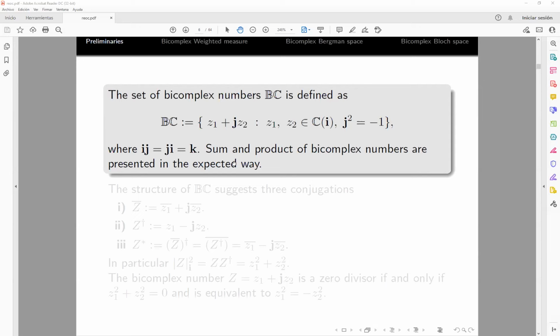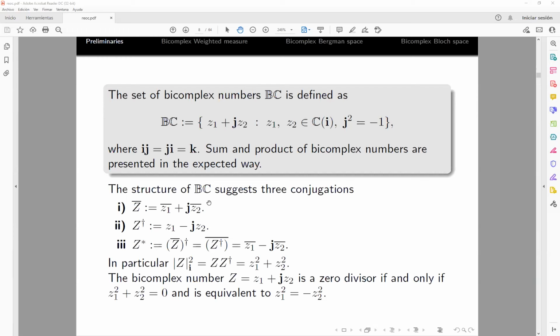Sum and product of bicomplex numbers are defined in the expected way, like in the complex case. The structure of these bicomplex numbers suggests three conjugations. The first one, z bar, is given by z1 bar plus j z2 bar. The dagger conjugation, z1 minus j z2, and the z star conjugation, given by z1 bar minus j z2 bar.